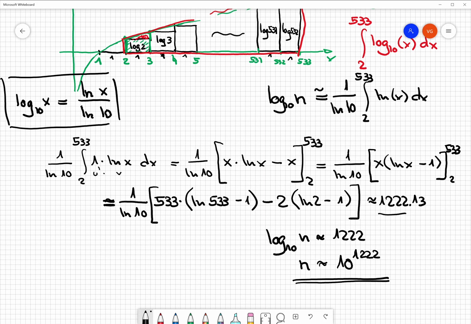Okay, and perhaps just to tell you the exact number, well, the exact number is a lot of digits, but a better estimate would be 7.99 times 10 to the power of 1220.